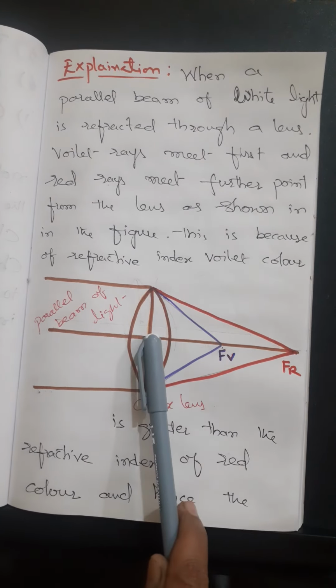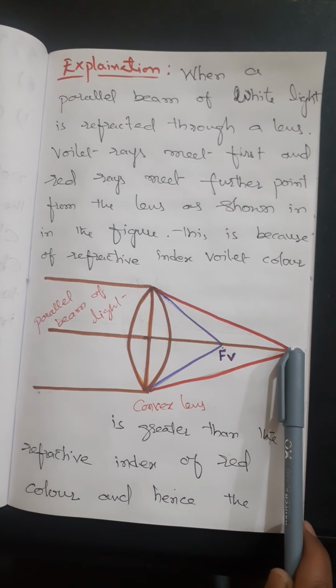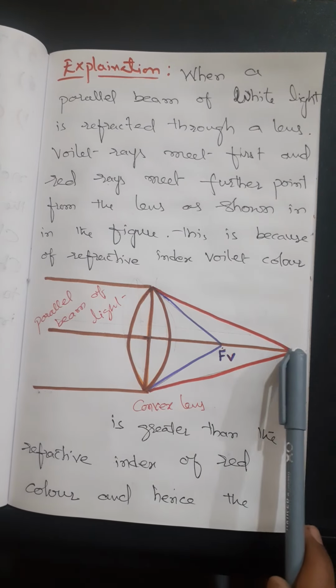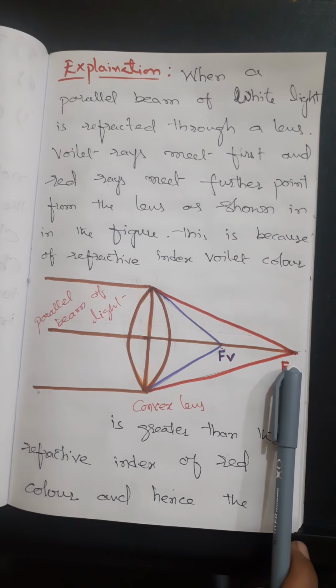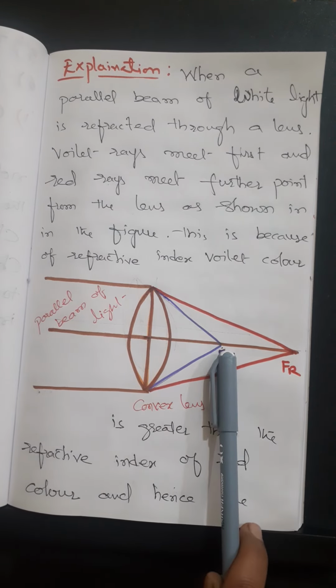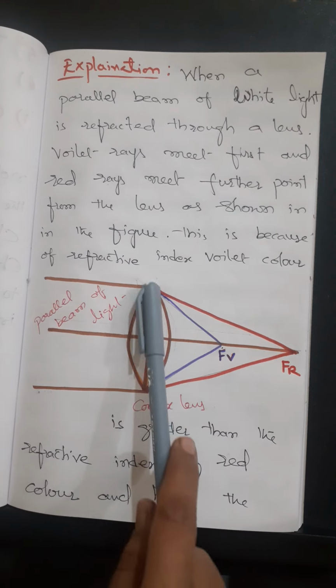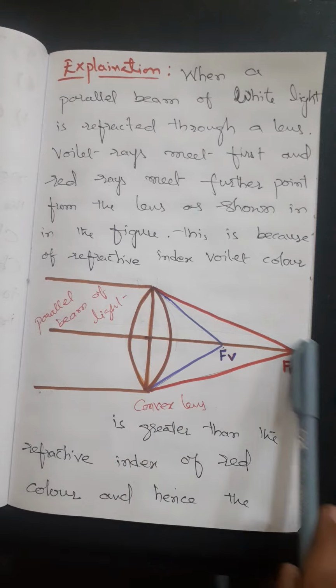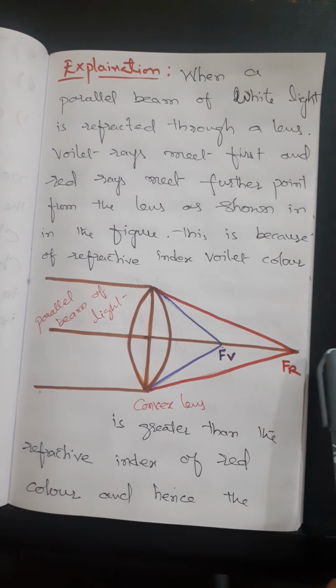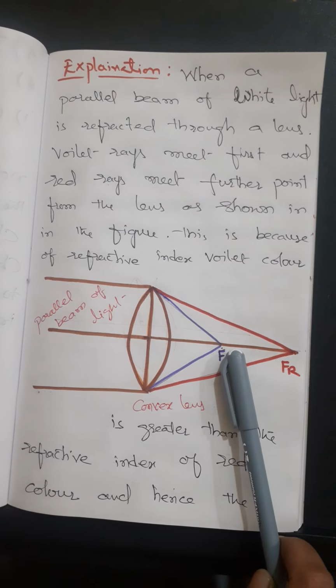Fr means focal length of red and Fv means focal length of violet. The focusing of different colors is formed at different points due to the refractive index.